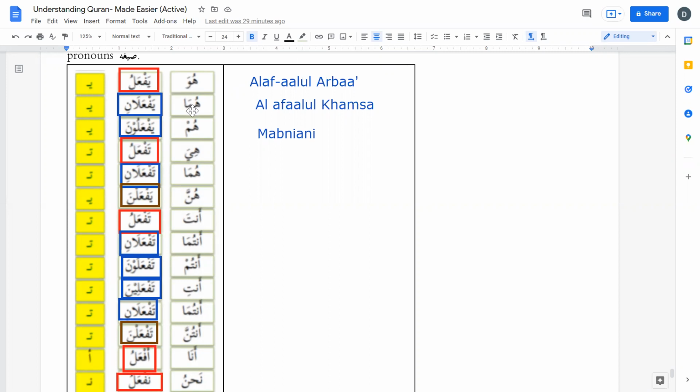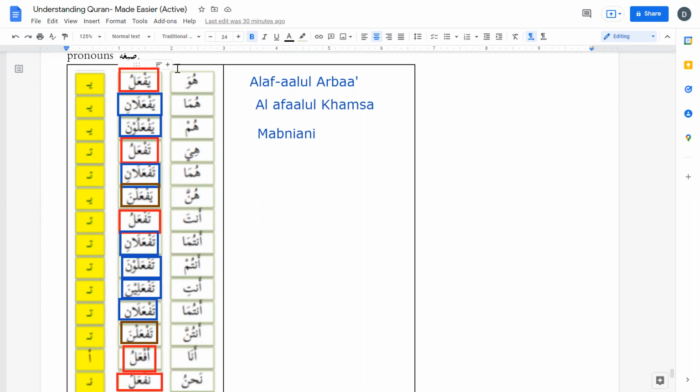So huwa yaf'alu, huma yaf'alani, hum yaf'aluna, hiya taf'alu, huma taf'alani, hunna yaf'alna, anta taf'alu, antuma taf'alani, antum taf'aluna, anti taf'alina, antuma taf'alani, antunna taf'alna, ana af'alu, nahnu naf'alu. That's how you are going to memorize, inshallah.